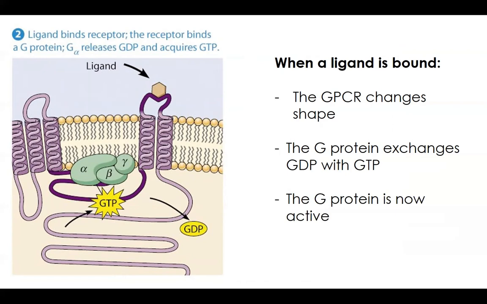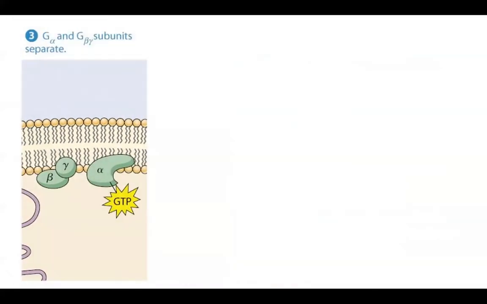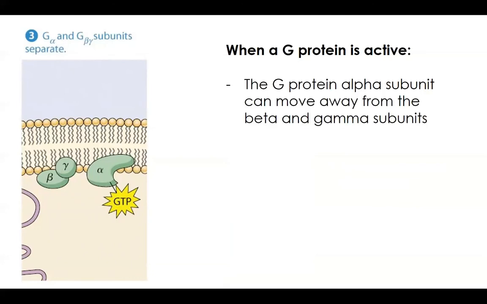So we see an active G protein, and I talked a little bit about what would happen next, but let's see it. Here's the shadow of that receptor, so you can see we're moving to the right, away from it. When a G protein is active, the alpha subunit can actually move away from the beta and gamma subunits.